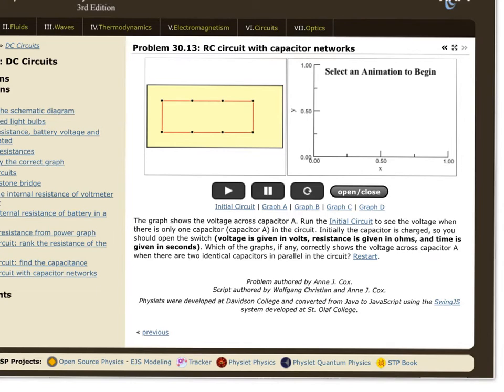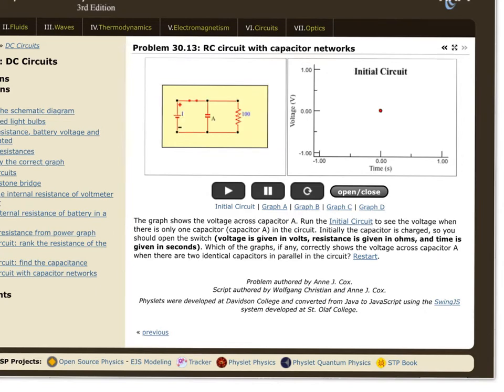In the next problem you'll see the initial circuit is the same as we just saw, so you want to do what we just did again and get the time constant for this circuit. And then you have 4 graphs of a circuit that has 2 capacitors.